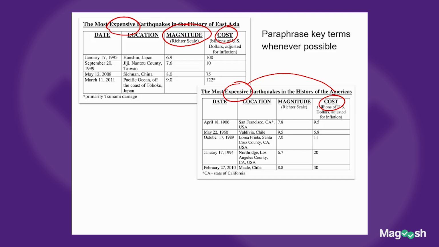Okay, now these locations, this location category, here's one down below. So we could describe locations as places or sites, okay, the sites where the earthquake occurred. That would be a possibility as well. Okay, so another option there. And then finally, notice that a bunch of earthquakes listed here occurred in the same areas of the world, the same regions.